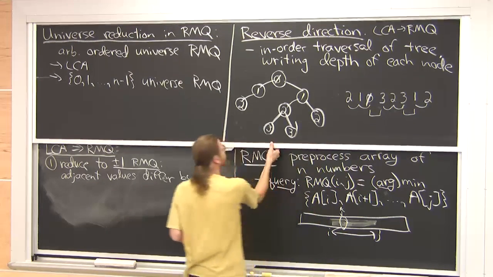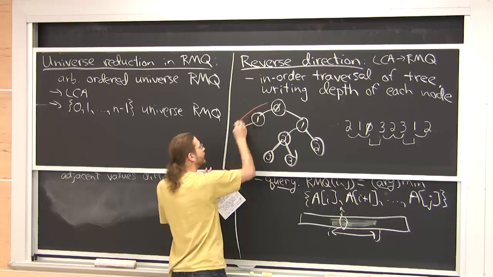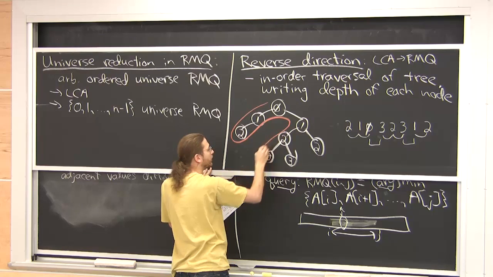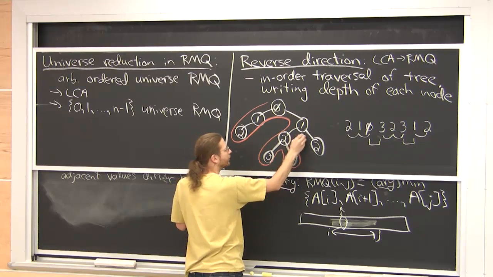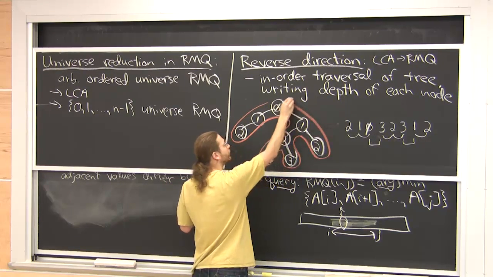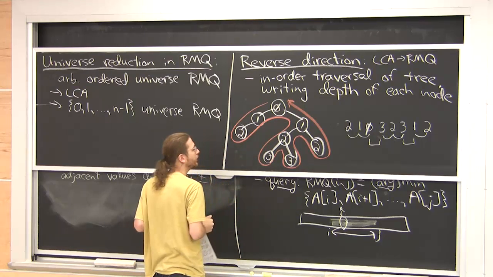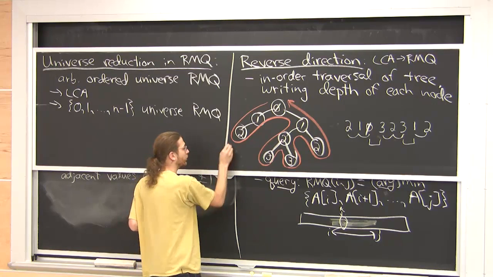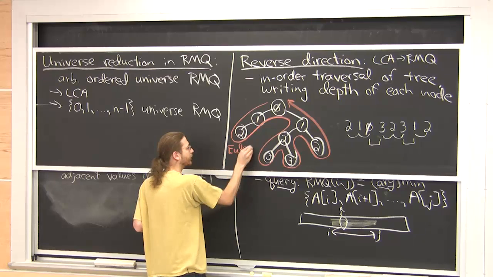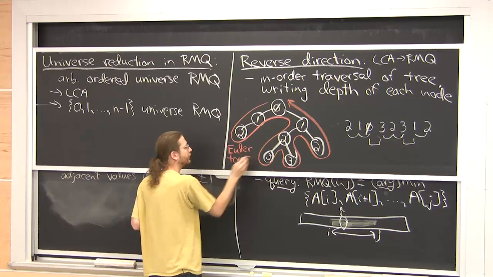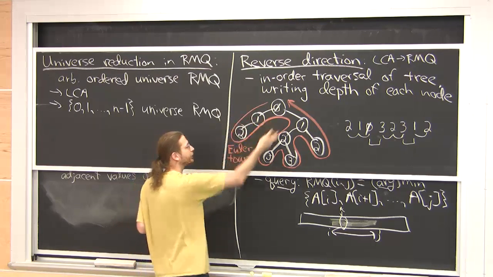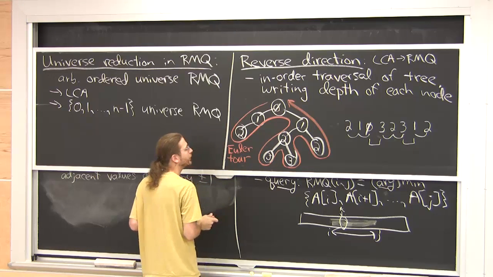If you've done a lot of tree traversal, this will come quite naturally. This is a depth first search. This is the depth first search order of visiting a tree in order. This is usually called an Eulerian tour, a concept we'll come back to in a few lectures. But Euler tour just means you visit every edge twice, in this case.